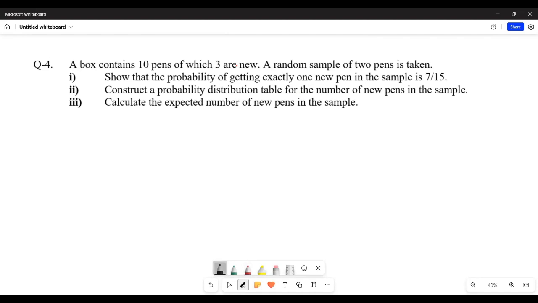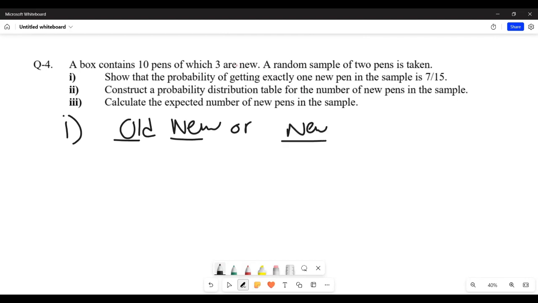So I am going to say that we're drawing 2 pens. Let's say the first one is old and the next one is new, or the first one is new and the second one is old. So out of the 10 pens, you draw 1 pen.